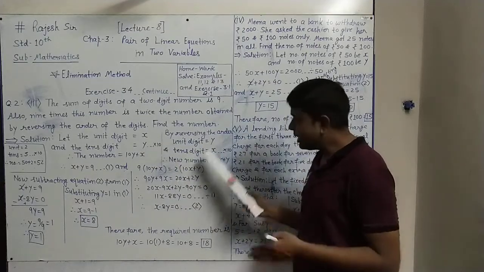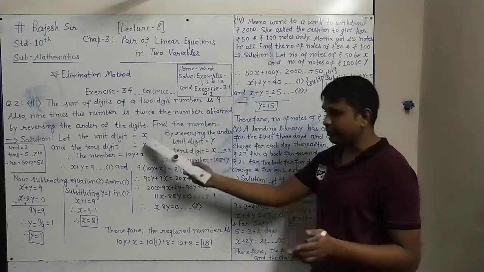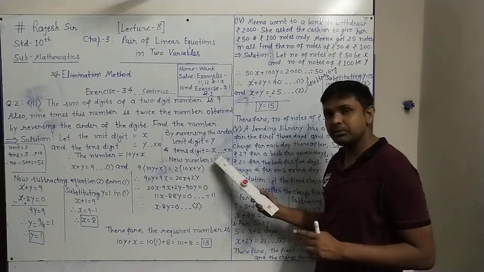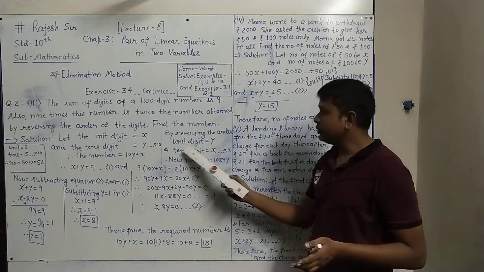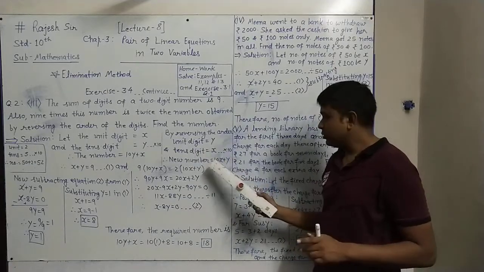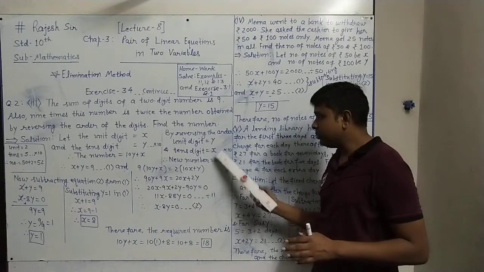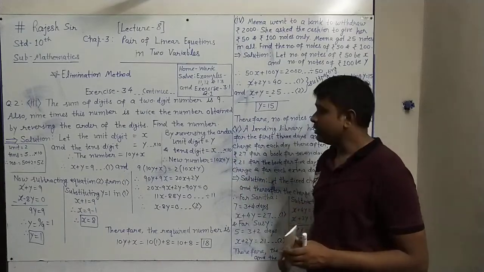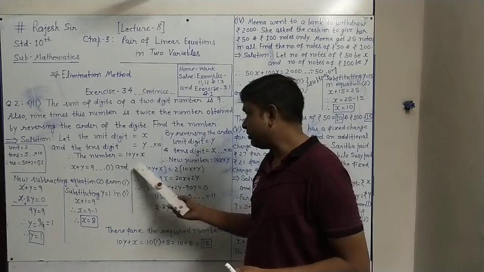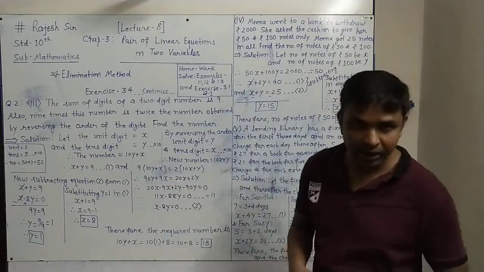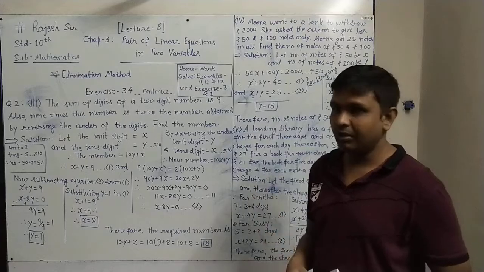The new number by reversing the order is found the same way: the tens digit is multiplied by 10. So this time x is multiplied by 10 and the unit digit y stays the same. So the new number by reversing the order is 10x plus y. This is our original number, 10y plus x, and this is the new number, 10x plus y, obtained by reversing the order.